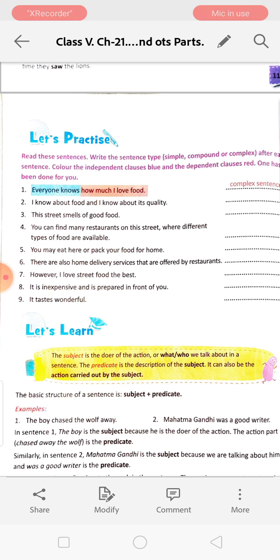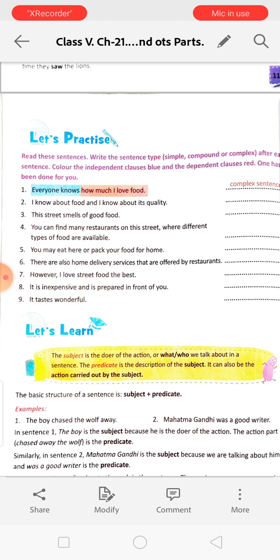So this is a complex sentence. However, I love street food the best. That is a simple sentence. It is inexpensive and is prepared in front of you. This is a compound sentence. It tastes wonderful. This is a simple sentence.